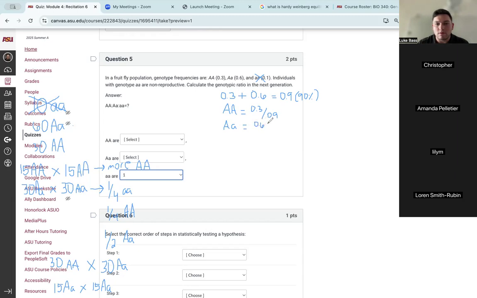What are your factors? Very large population, random mating. If all five of those factors are given to you, that's another way of telling you it's at Hardy-Weinberg or not. But a question like this that doesn't have any would not be kosher.